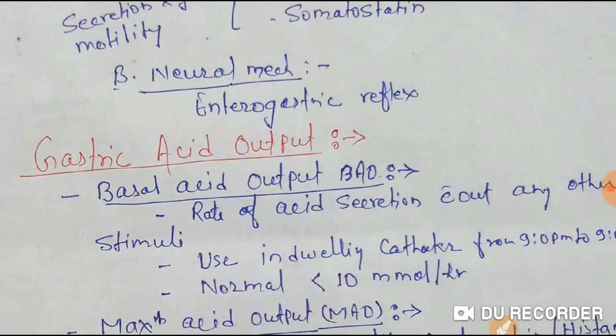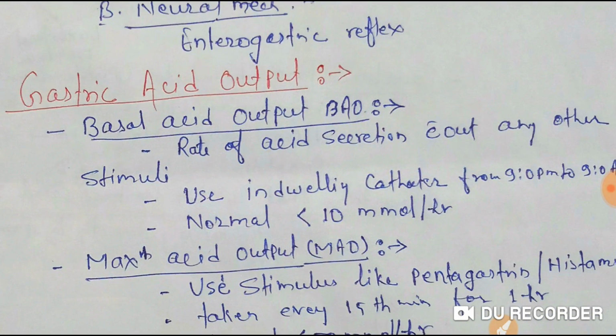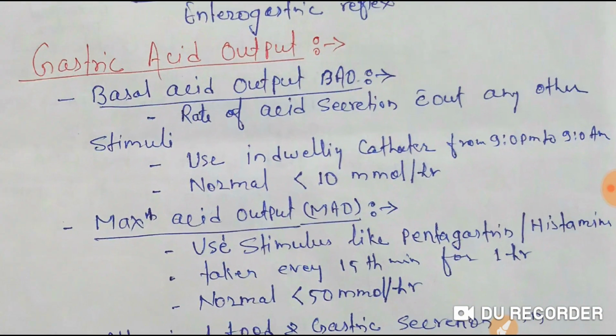The next topic is the gastric acid output. This includes the basal acid output, also called BAO, the rate of acid secretion without any other stimulus.